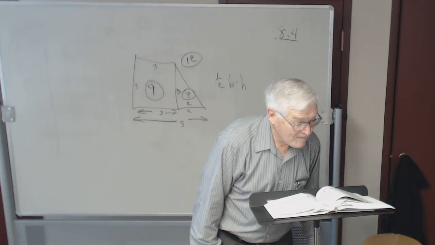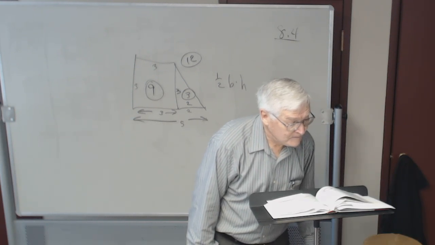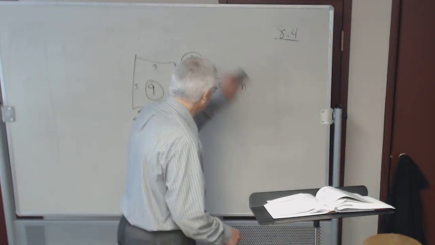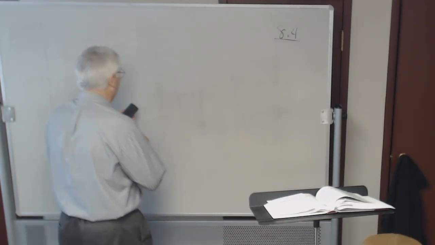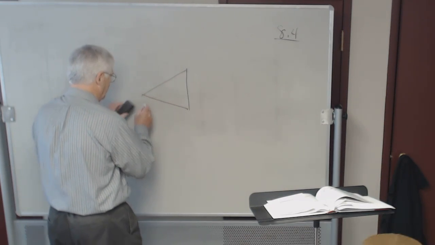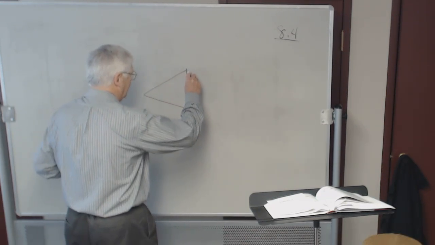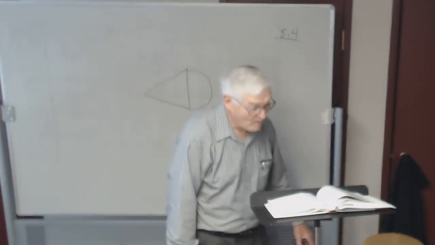Number 10 is a triangle with a semicircle attached to it.